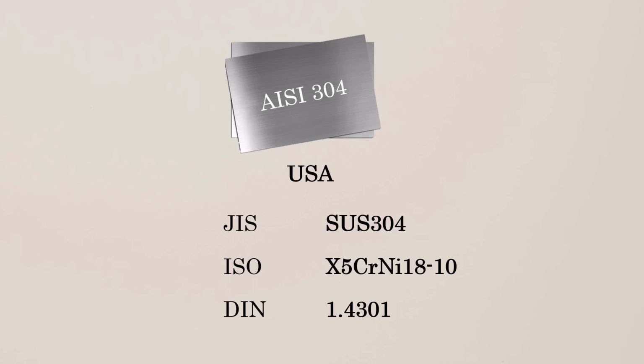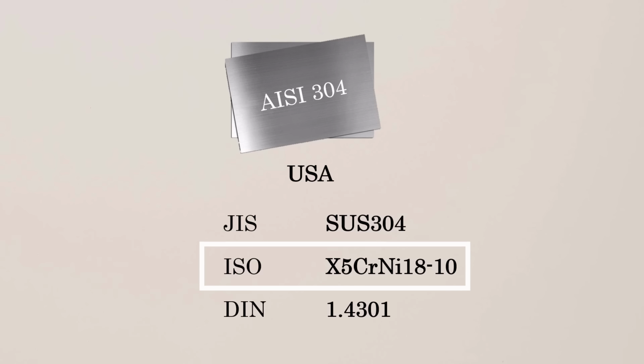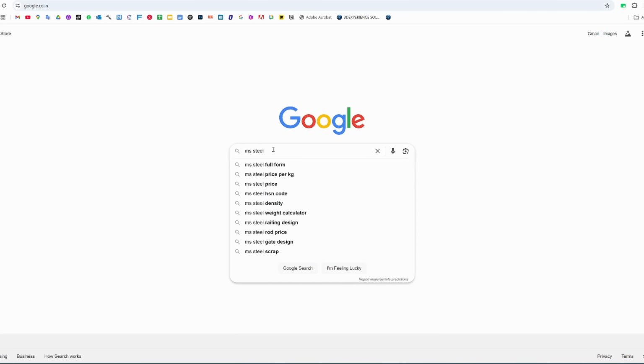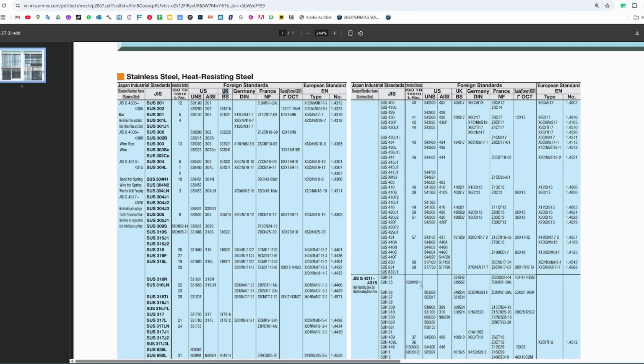In DIN, it's 1.4301. These all refer to the same steel with the same chemical composition, just with different names under different standards. So if you know even one steel grade name under any standard, you can easily find its equivalent grade in other standards, either through a quick search online or from a standard reference book.